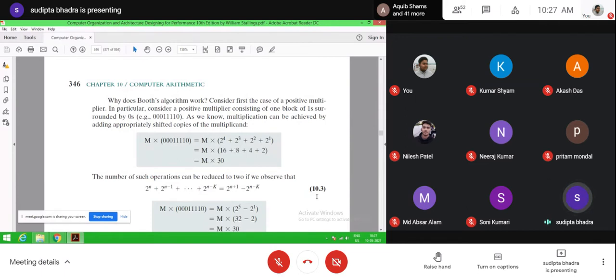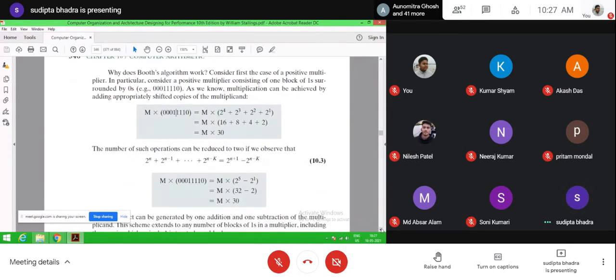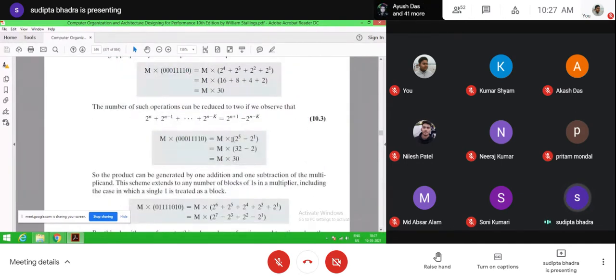Now if we follow equation 10.3, 2 to the power n plus up to 2 to the power n minus k can be represented by 2 to the power n plus 1 minus 2 to the power n minus k. Here in our case, this 2 to the power 4 up to 2 to the power 1 can be represented by 2 to the power 5 minus 2 to the power 1.